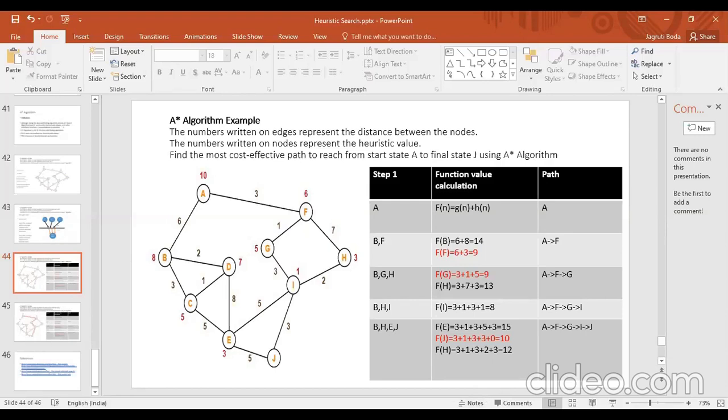This example is also asked in the exam: solve using the A star algorithm. Already I have one problem, that is solve an AI problem using the A star algorithm. So I will show you how to solve the A star algorithm using the 8 puzzle problem.